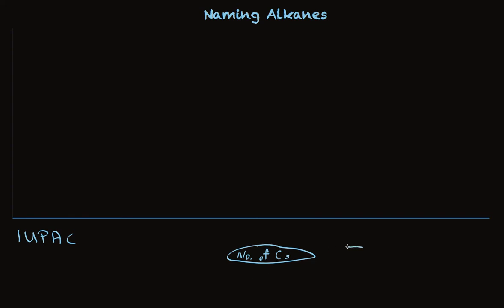Add to the end of that another part of the name that tells us what the functional groups are in that molecule. And then out in front of it, add a third piece of the name that's all the other stuff.